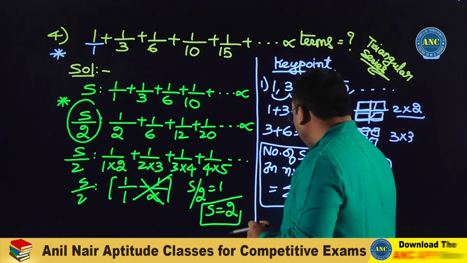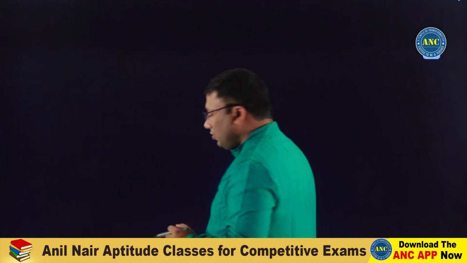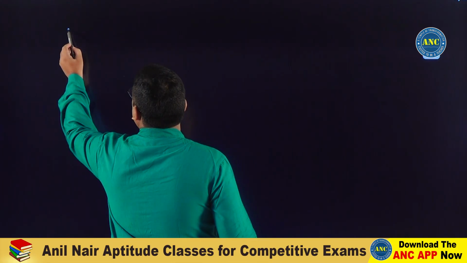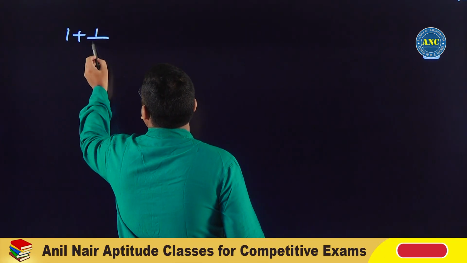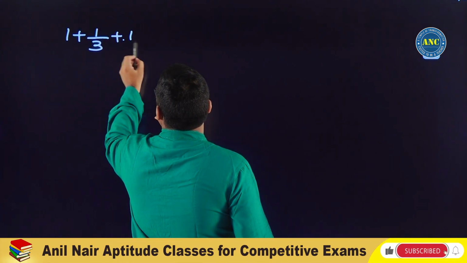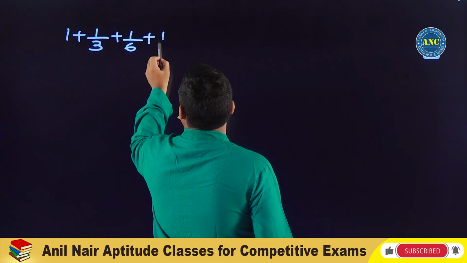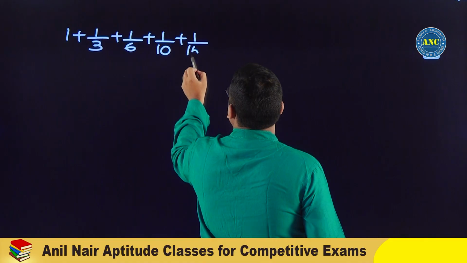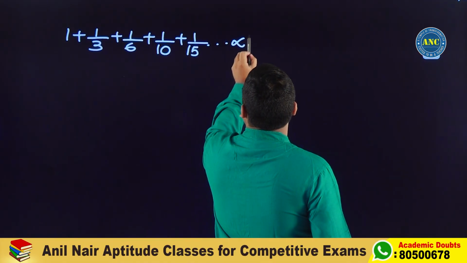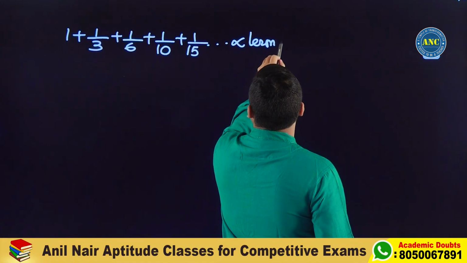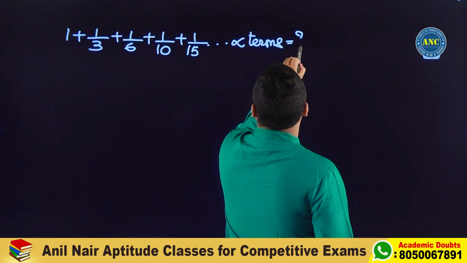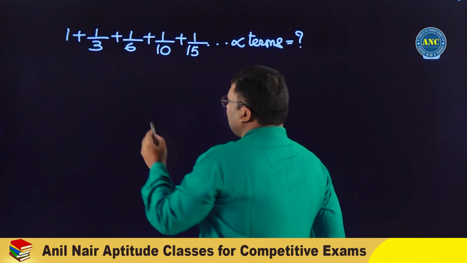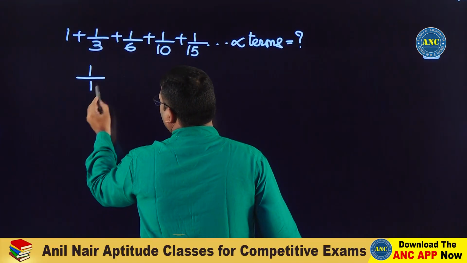Now, please write down 1 plus 1 by 3 plus 1 by 6 plus 1 by 10 plus 1 by 15 and so on up to infinite terms. If you observe carefully, the first value's denominator is 1.